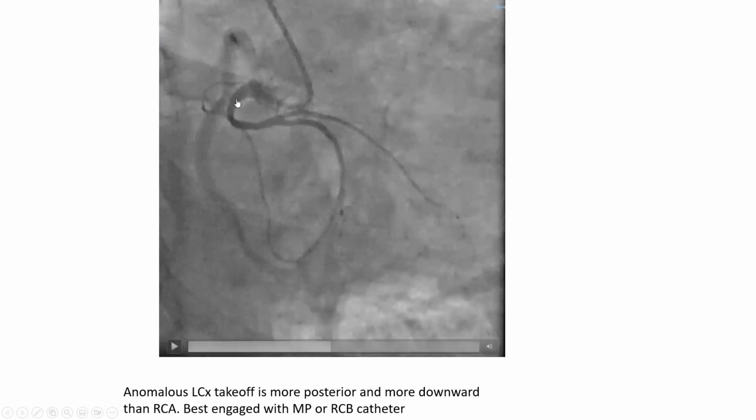And note that the anomalous left circumflex takeoff is more posterior than the RCA and more downward looking than the RCA. It is best engaged with a downward catheter like multipurpose or RCB catheter.